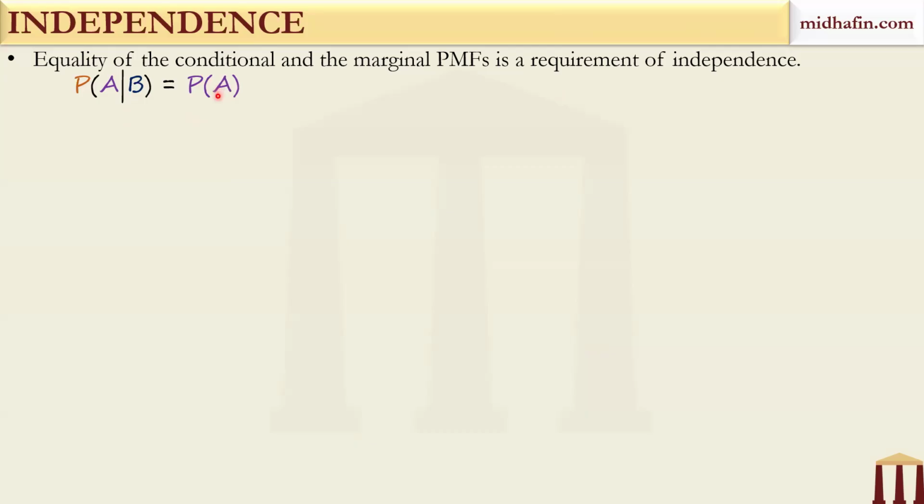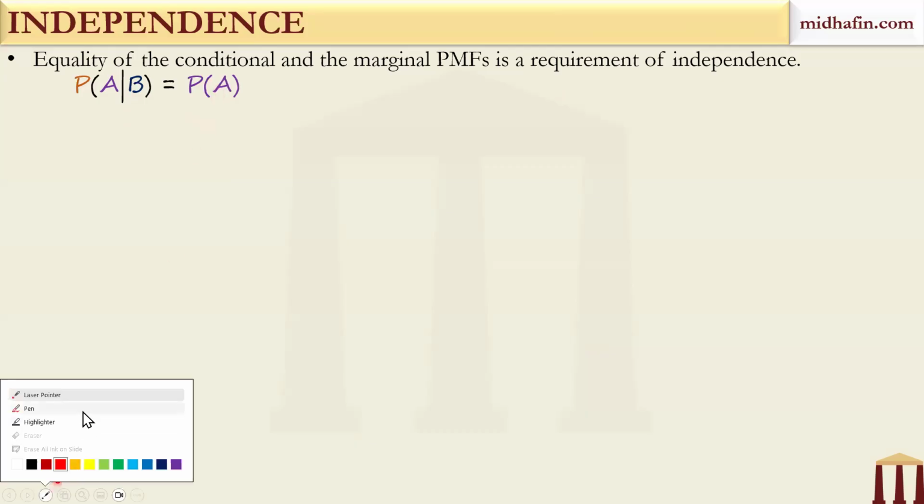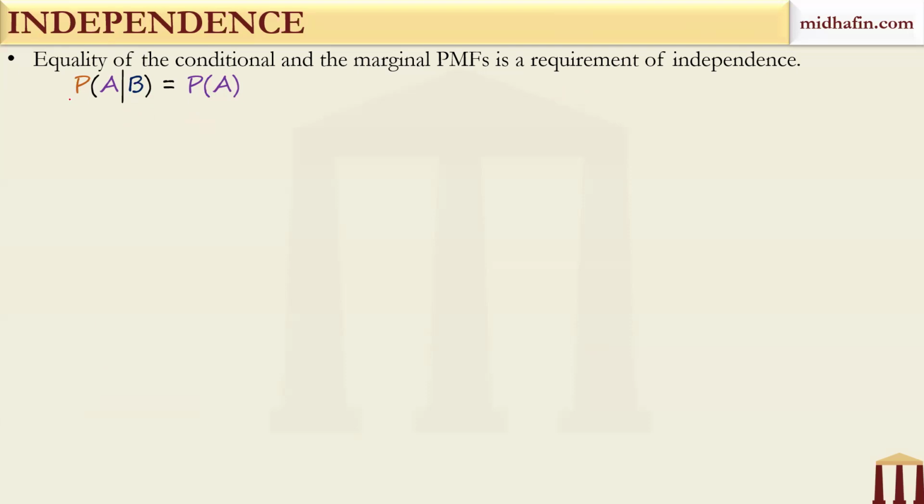Do you remember this? Okay. So in this case, conditional probability is the same as the marginal probability. Marginal probability or unconditional probability, whatever you can call it. In this chapter, we are using the word marginal. Okay. So the idea is the same.